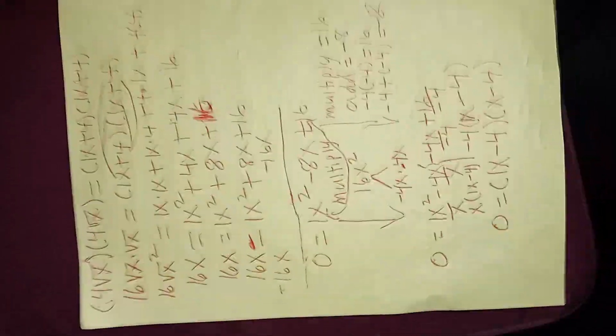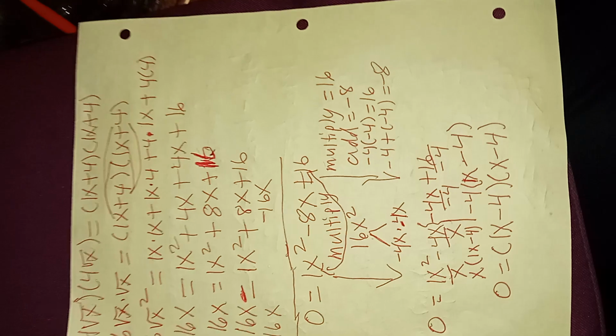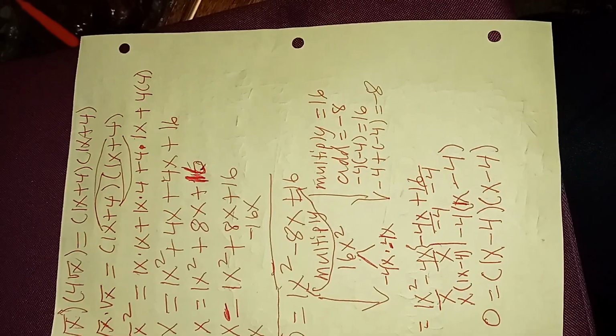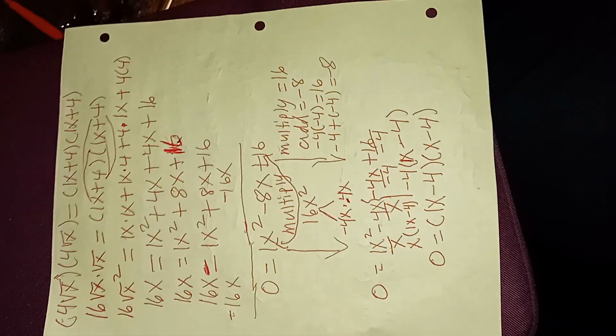Let's have that marinate. Okay. Moving to the next step. So 0 is equal to 1x minus 4 times x minus 4.